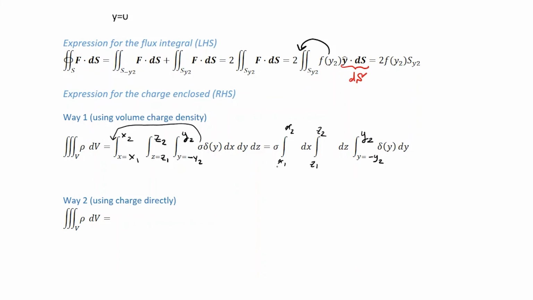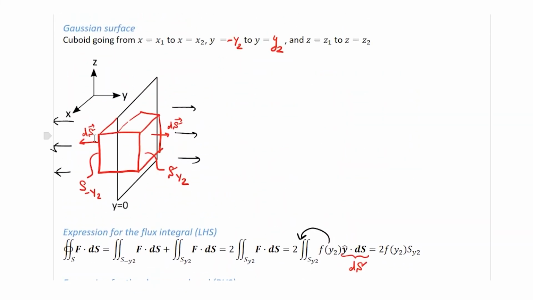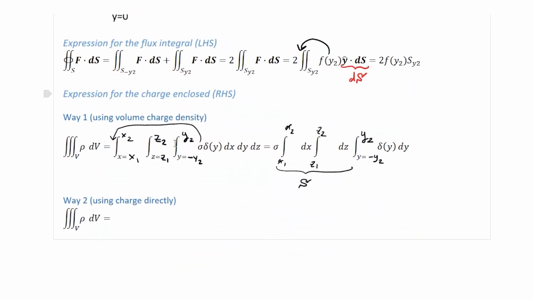Now this integration is just going to give us the surface area of the chunk that's cut out by this surface, which is equal to S y2. So then we have S y2, or we can call it S y.